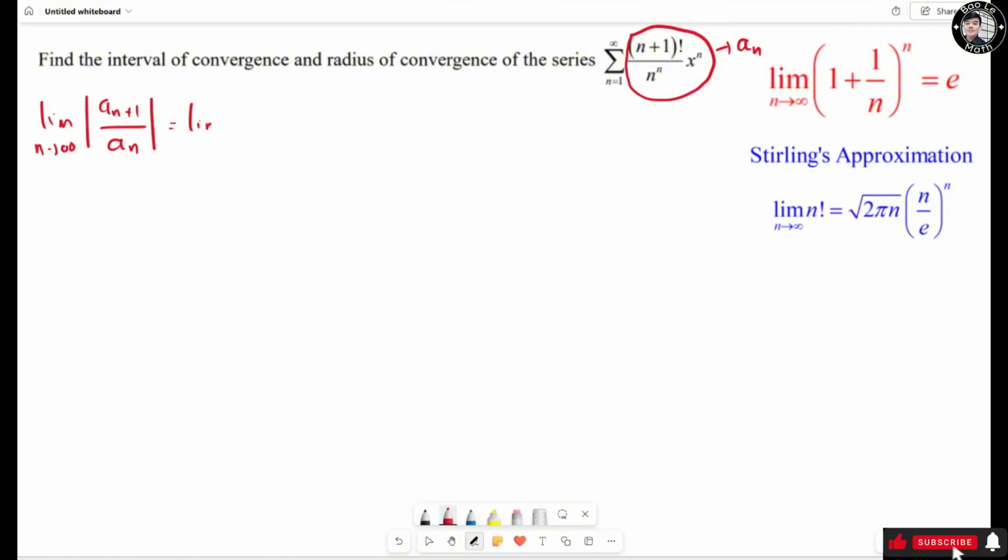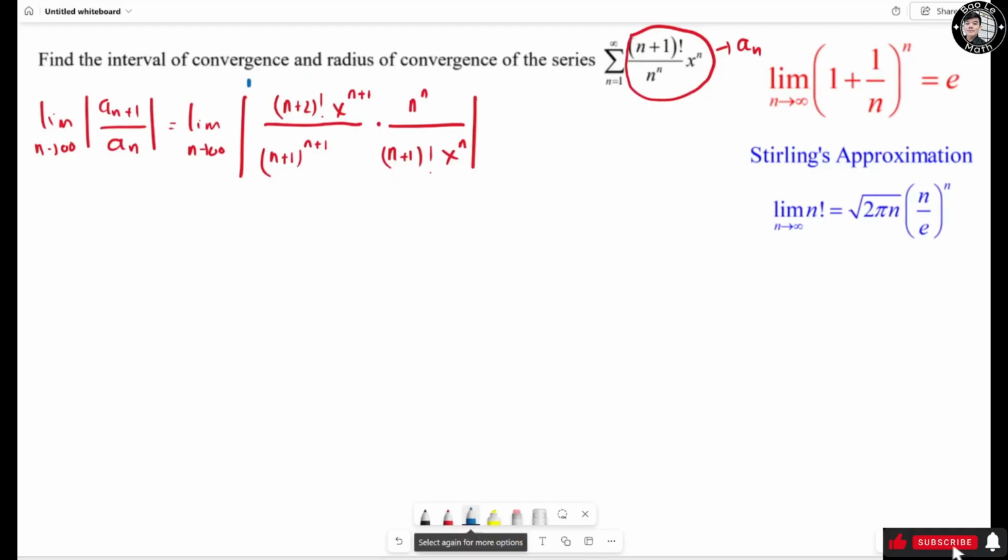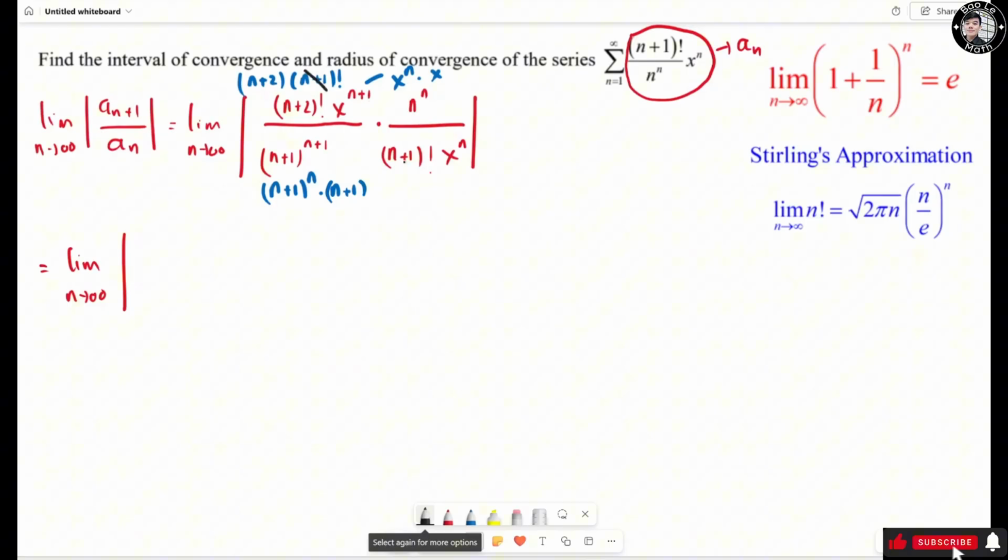So it's the limit when n approaches infinity of... now (n+2)! can be written as (n+2) times (n+1)!, and x^(n+1) can be written as x^n times x. And this guy right here can be written as (n+1)^n times (n+1). This turns out to be the limit, absolute value, where (n+1)! cancels out, and x^n and x^n cancel out.